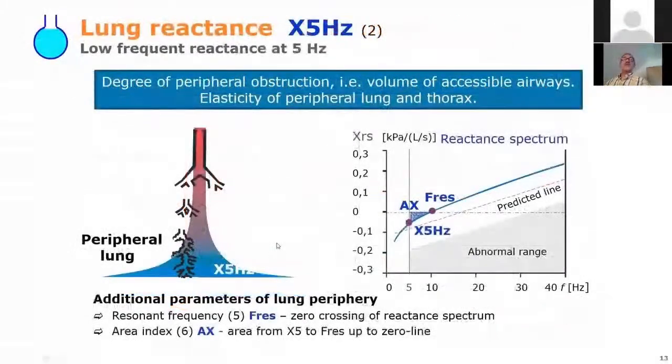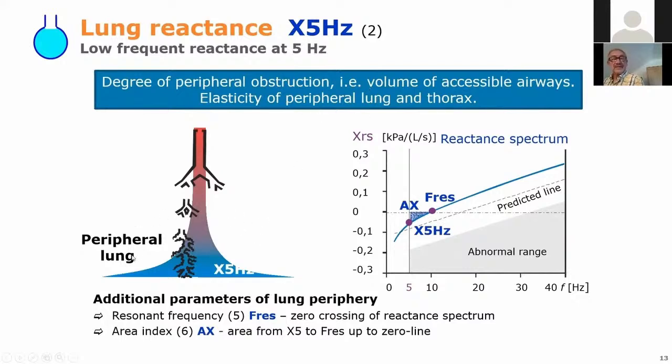The second parameter is the so-called lung reactance. And as I already explained, it reflects the degree of peripheral obstruction and also the volume, which is accessible by the loudspeaker signal. That means the elasticity and the situation of the peripheral lung and the thorax.